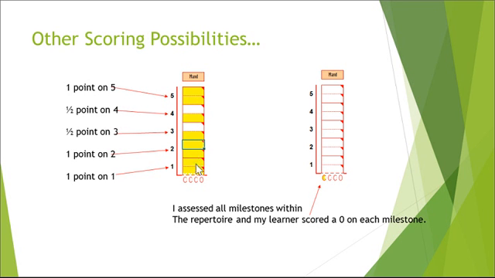Another potential option for scoring is that I assessed every milestone within the mand repertoire for level 1, and my learner was just not at that level. So if we think back to the first milestone, that they were able to emit 2 mands, maybe requiring some prompts, but their PECs or their vocal or their sign. Maybe this learner isn't really asking for anything, or the only way that they're able to ask is by looking at something.